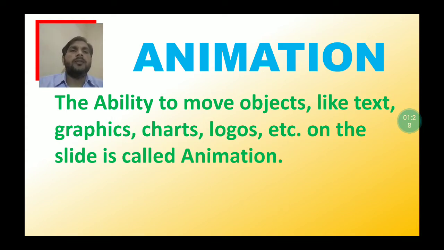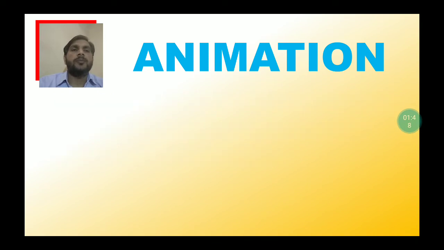You must have observed the presentation that I am presenting you right now. There are some effects applied in this presentation. Can you observe these effects? If you have not observed, then look at it once again. I am just displaying some effects, how the text appears on the screen. Let's look at it once again.